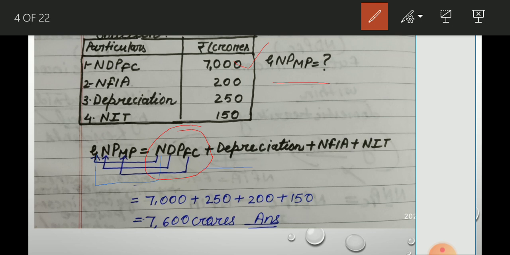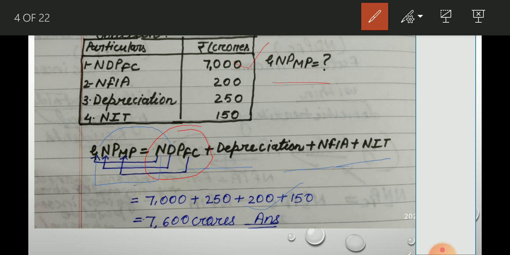When we are moving from domestic to national, we will add NFIA. And when we move from factor cost to market price, we will add NIT. When we put all these values, we will get the answer, which is equal to 7,600.